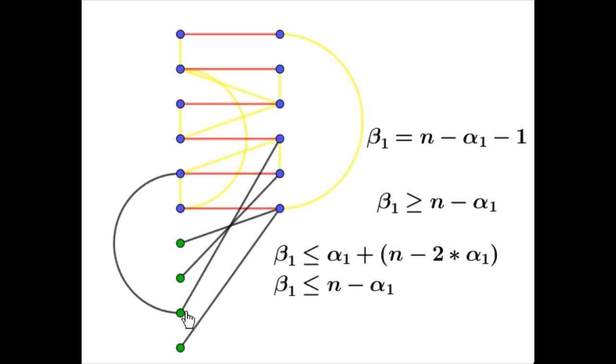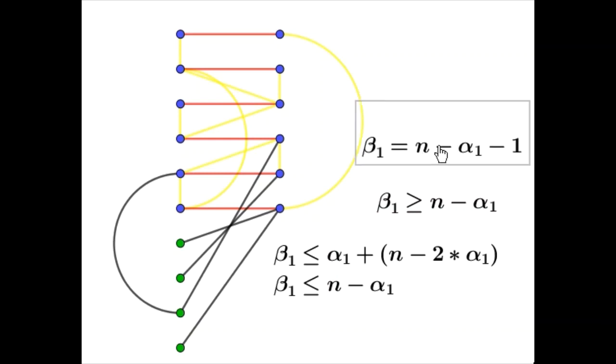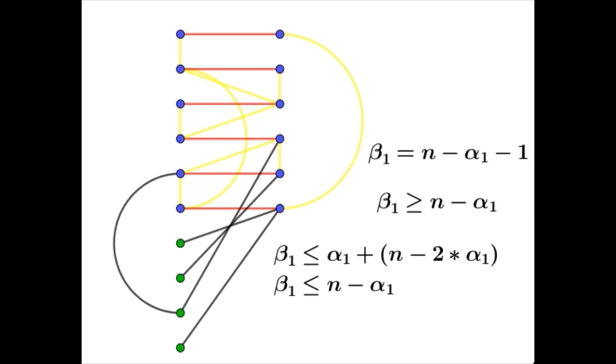So this type of adjustment is not possible. How about here? Let me try to remove an edge from these red edges, but if I do that, then I won't be able to cover all the vertices, because now these two endpoints are not covered, right? So that is the idea. Therefore this is not possible, so this is true, and hence we can say that beta 1 plus alpha 1 is equal to n.